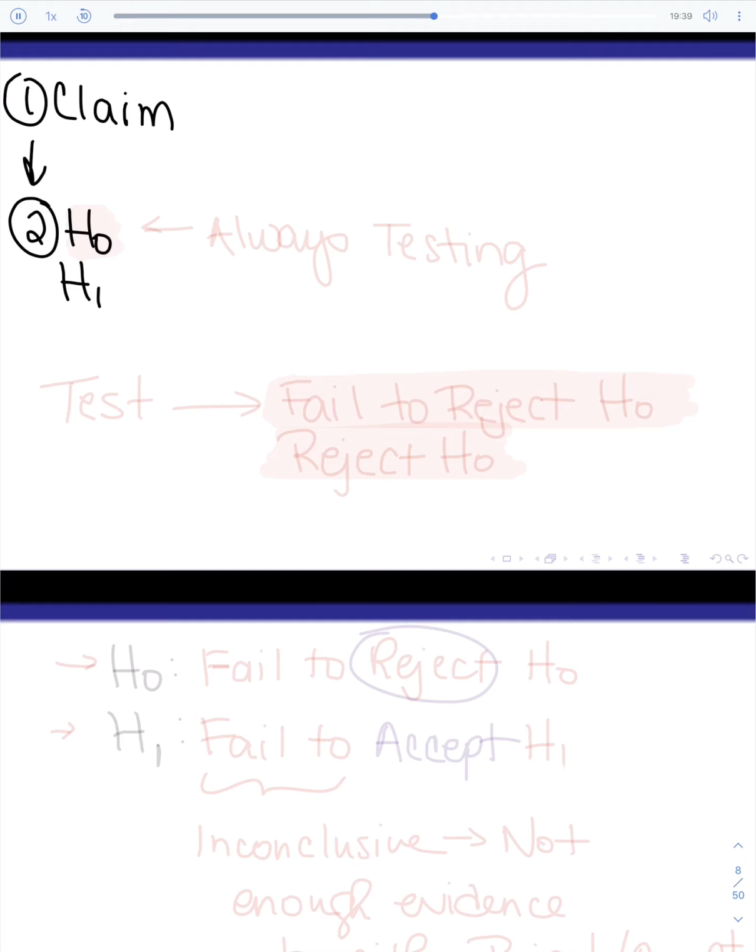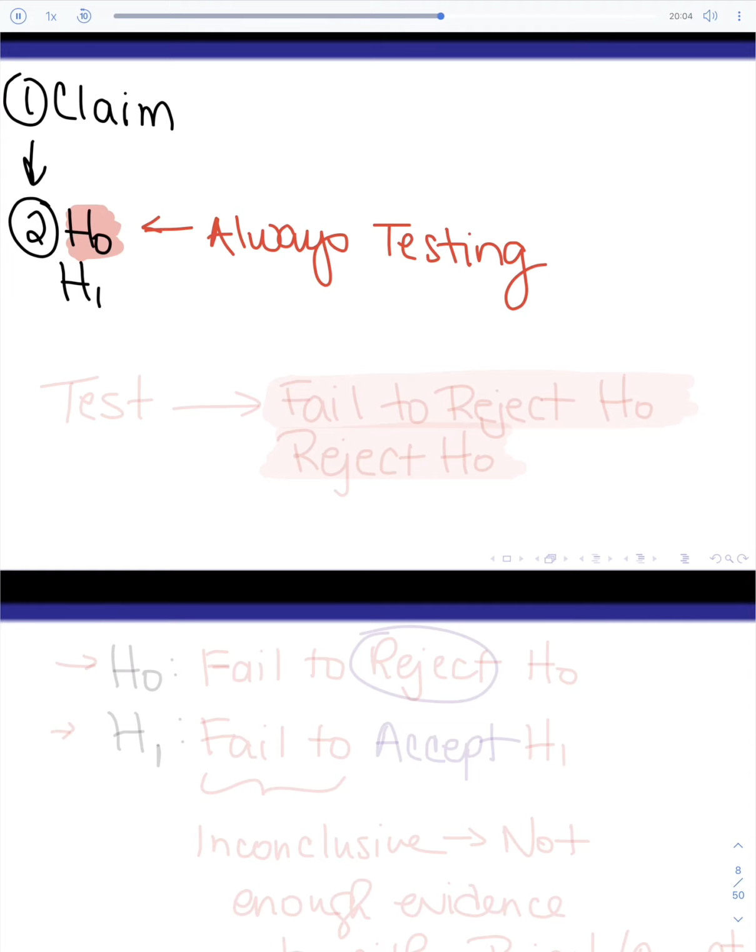Okay, then what happens? Well, no matter what symbols we have, we're going to test. We're always going to be testing the null hypothesis. So no matter which one's the claim, we're always testing the null hypothesis. And there are two options when we're testing.